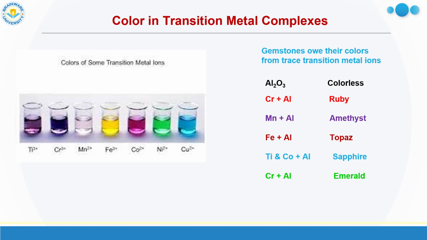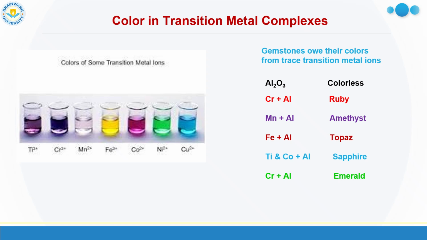Iron in 3 plus state is yellow in color, whereas in 2 plus state it is dark green in color. Cobalt is blue or bluish violet color. Nickel is green, and copper is blue in color. So most of the transition metal complexes are colored compounds.